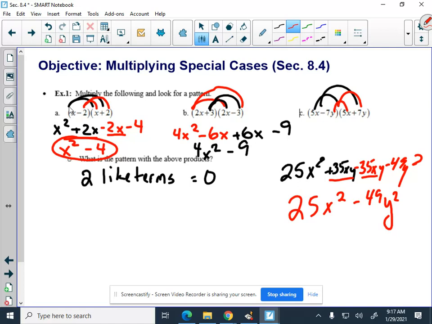But that's why we call these special cases, because the middle terms always cancel out. So when you notice you're multiplying two, where one's positive, one's negative, positives and negatives cancel each other out. And when they're all the same numbers, now they have to be all the same numbers. For instance, if I had this, x minus 3 times x plus 7, those aren't going to cancel out, right?